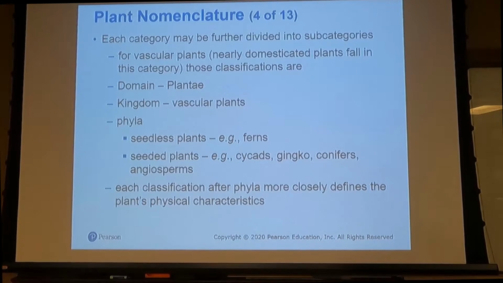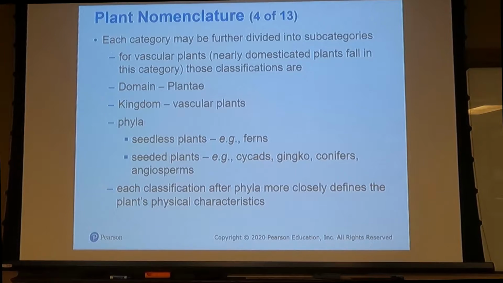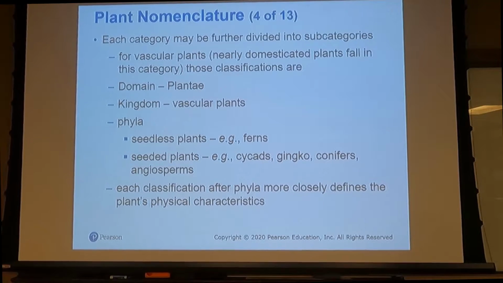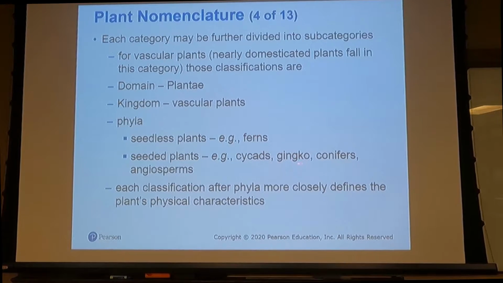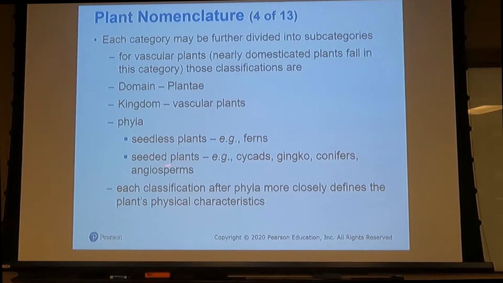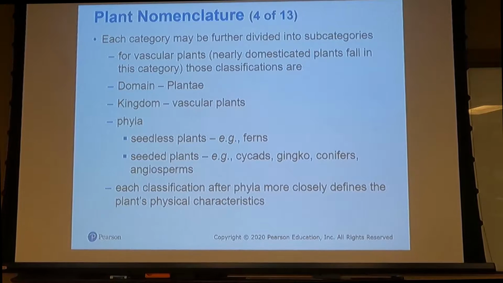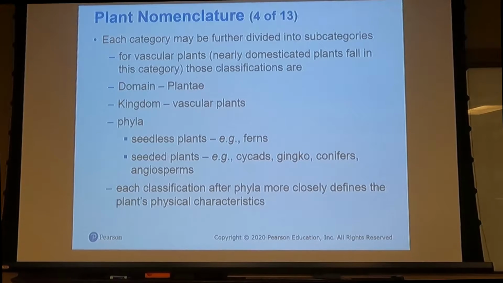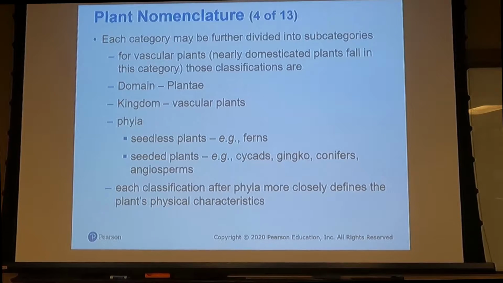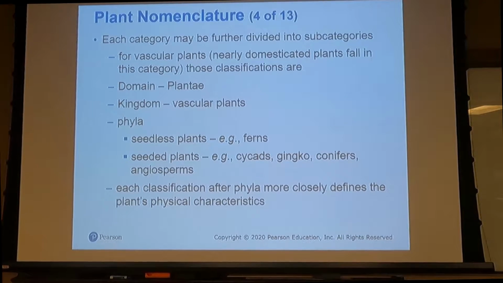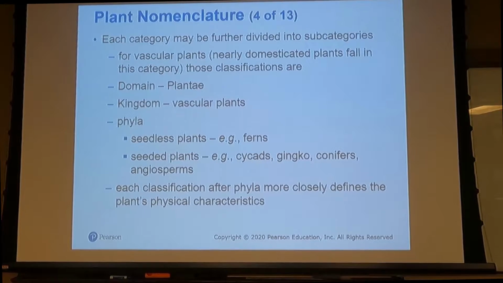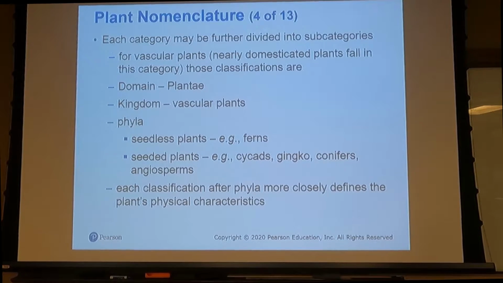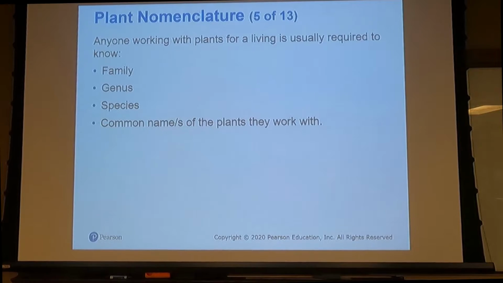Here we have a domain, a kingdom, and a phylum, which is ferns, or maybe it's a ginkgo, so seedless or seeded. Each one of those domains, kingdoms and phyla is separated out into different categories where we can start to classify, or if you've ever worked with a dichotomous key, we can either say this is seedless or not. It belongs in this class or that class.